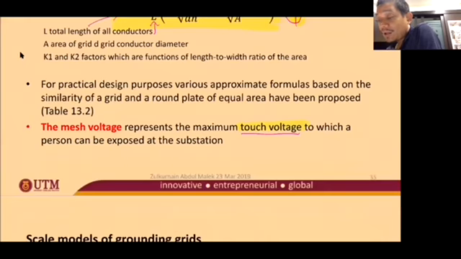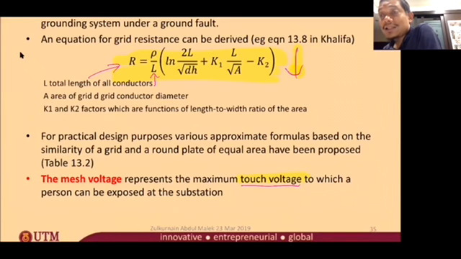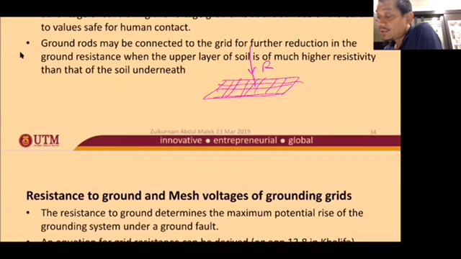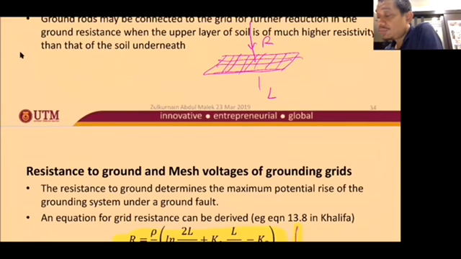Understand? What I just said is actually over 200 pages of standard. I just say it in one sentence. So the design for a substation is to make sure there is enough conductor inside the grid, total conductor L, and there are some other spacing factors. So you must increase L and your resistance is reduced so that your step potential is smaller, acceptable.